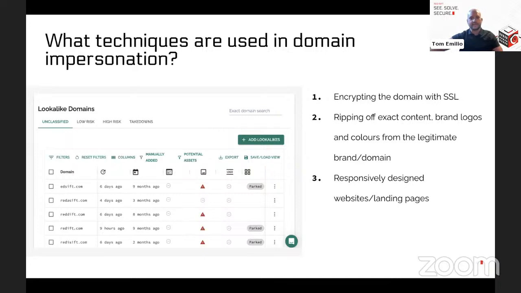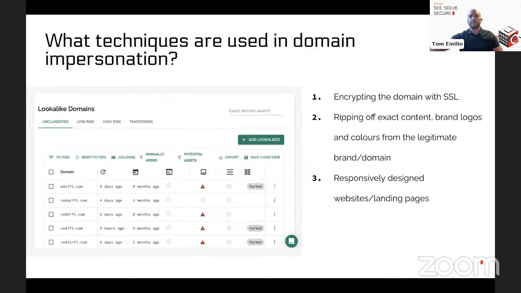I mean, these are tactics that bad actors, cyber criminals, are using. The other thing that's really common is copying or ripping off the exact content, right? So cyber criminals use your brand logos, your exact font, your color scheme, really full-on impersonation of the brand, pretty much mirroring everything that would be on a legitimate website. And the other thing that's really common is these lookalike websites, and even emails or landing pages, are responsively designed.